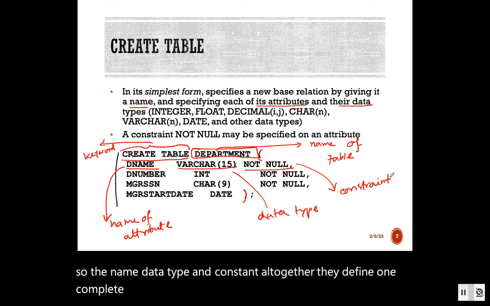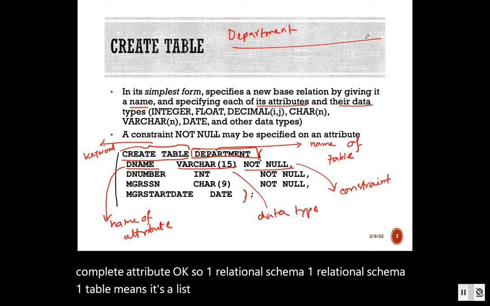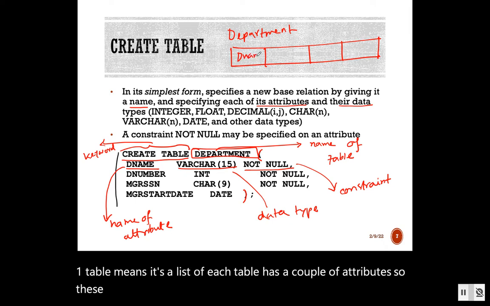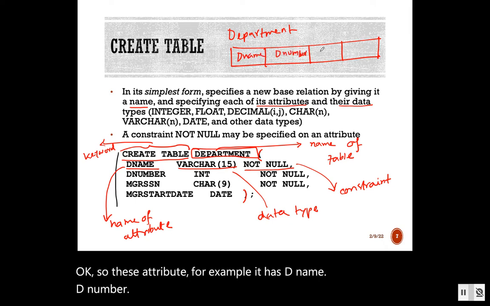One relational schema, one table, is a list of attributes. Each table has a couple of attributes. For example, this one has dname, dnumber, manager SSN, and start date.